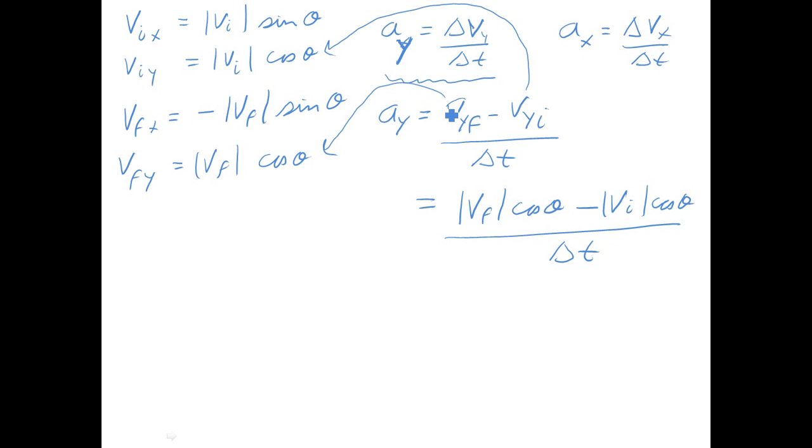And remind you again, this is just this. I wrote it as v final y over here, and over here I wrote it as vy final. They're the same thing.